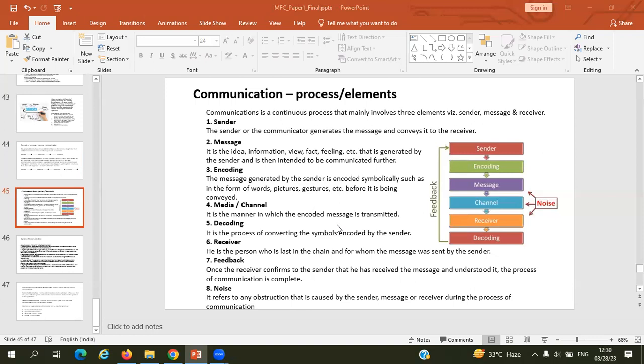Encoding, decoding, media, and feedback, noise. You can mention all these things. So it will complete the whole communication cycle, a total of 8 elements in the process. It will complete everything: sender, message, encoding, decoding, media, receiver, feedback, noise.